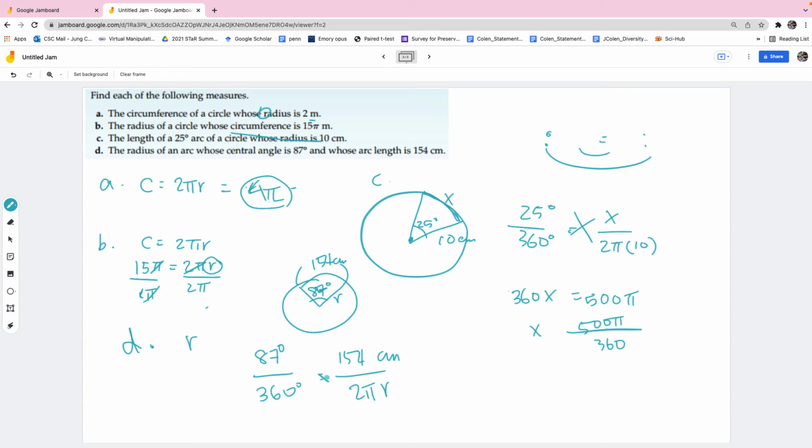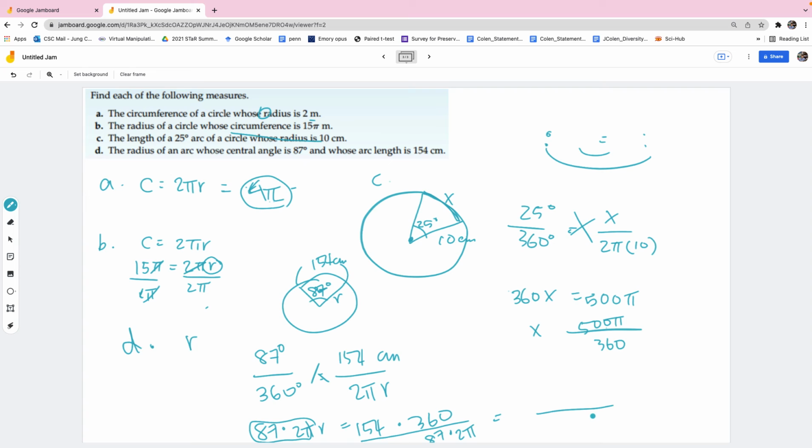And now you can just cross multiply and have 87 times 2 pi r is equal to 154 times 360, and divide both sides by 87 times 2 pi. You are keeping that pi, so leave it there, but just work with the numbers.